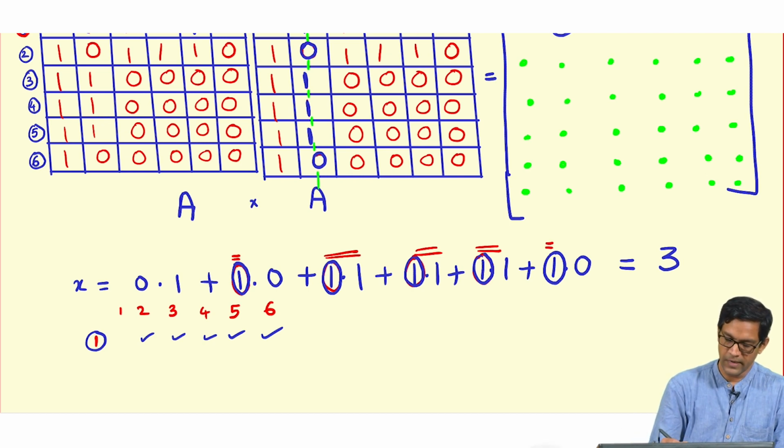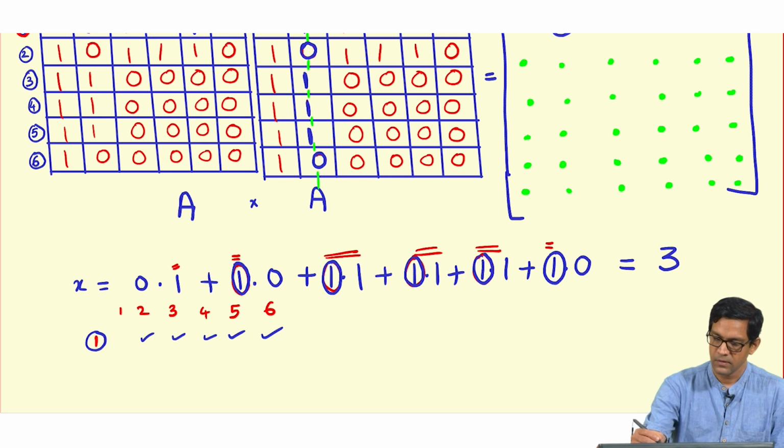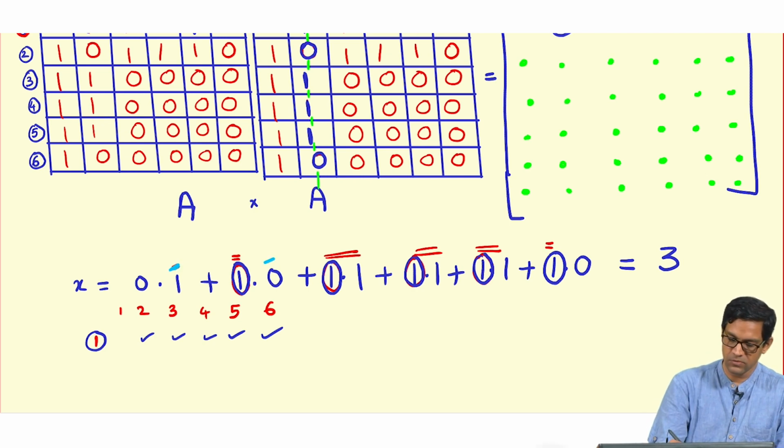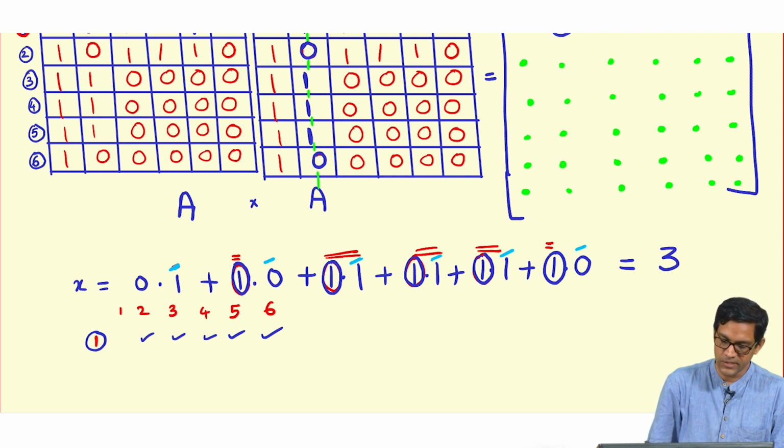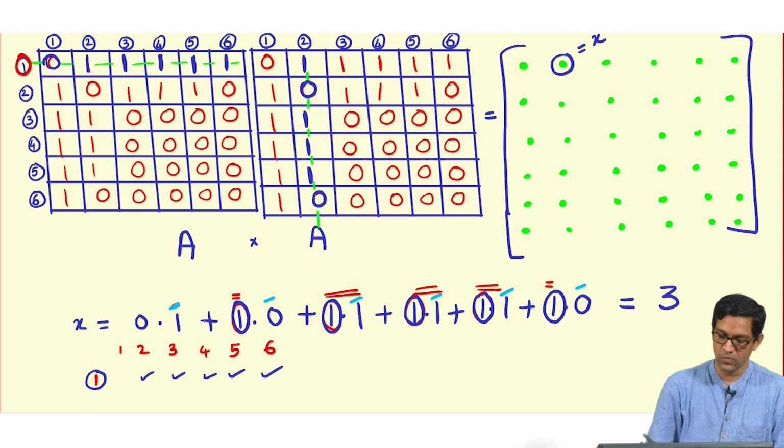Now, I look at the second term in each of the products. Where do I see 1s in that? Let us look at these: 1, 0, 1, 1, 1 and 0. Some of them are 1s, some are zeros. Which ones are 1s? Those are precisely the numbers which are neighbors of 2. If you look at how we got those numbers, they are exactly the numbers in the second column of this matrix A, which is exactly all the vertices connected to 2.